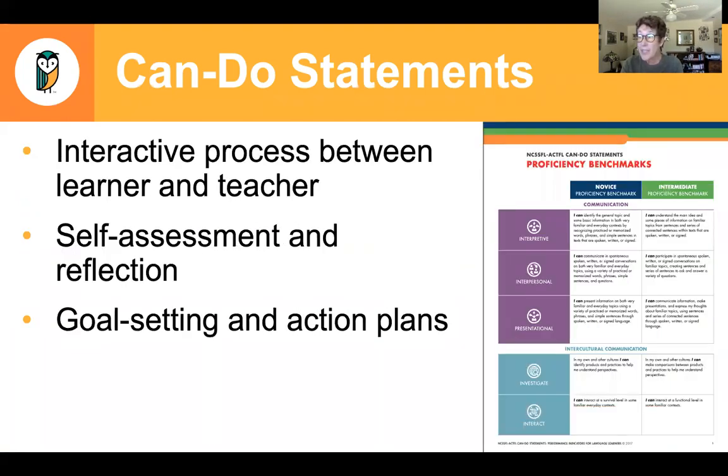It's not just about having can-do statements, though. It's about how you use them. In an interactive process between you and your students, conversations occur, helping students connect what they are doing with how they can best achieve a can-do statement. These powerful tools used for student self-assessment and reflection help students take ownership of the learning process.